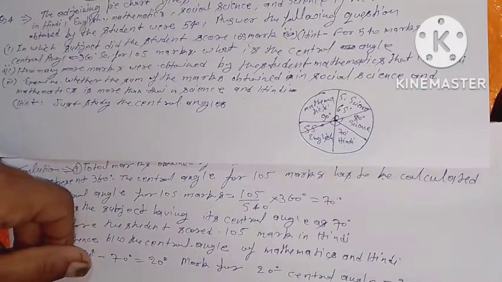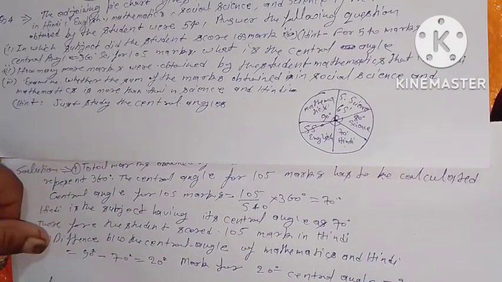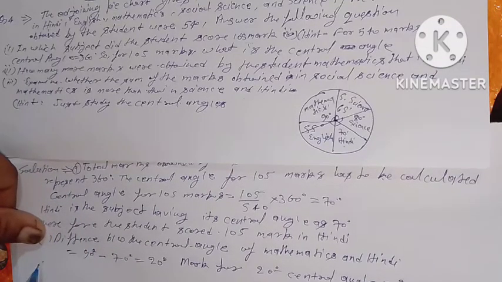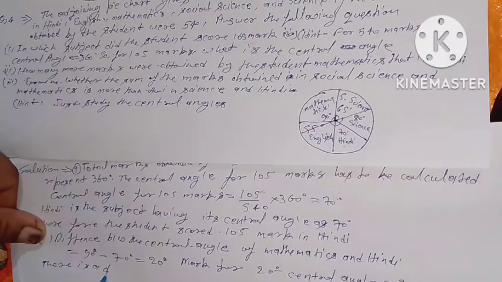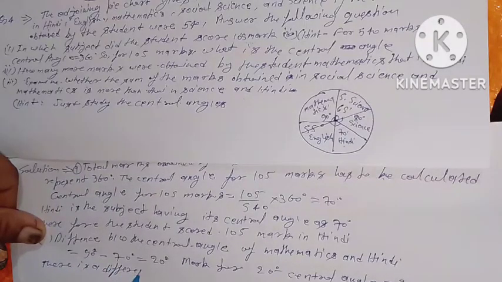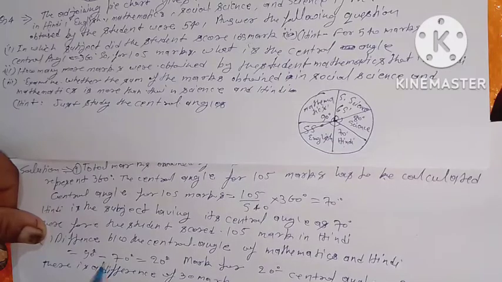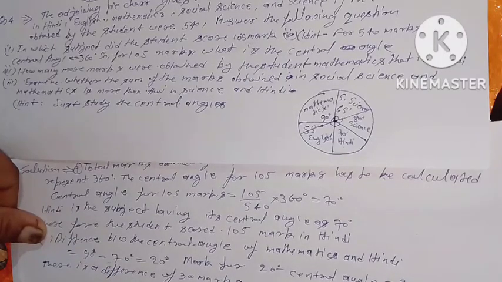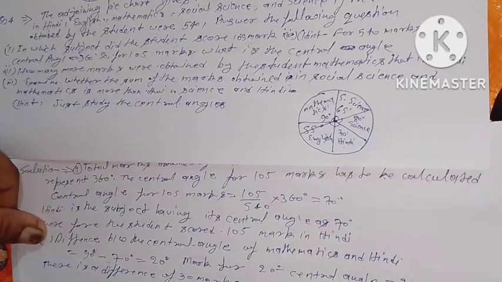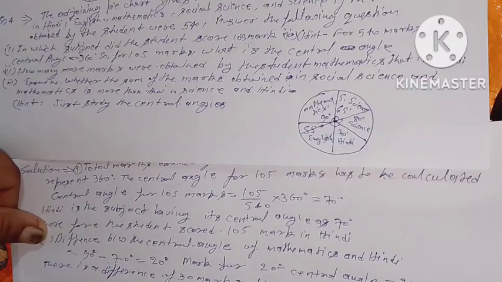Okay. There is a difference of 30 marks between the score obtained in mathematics and Hindi.